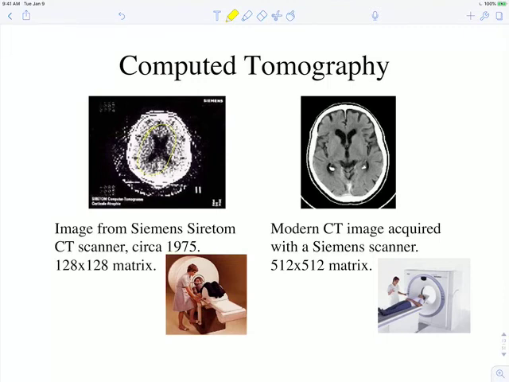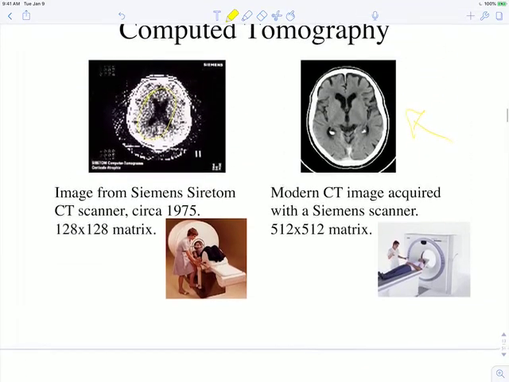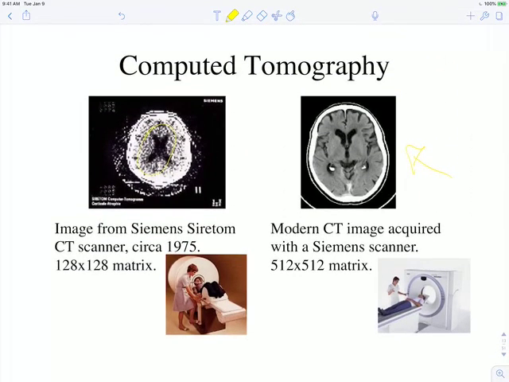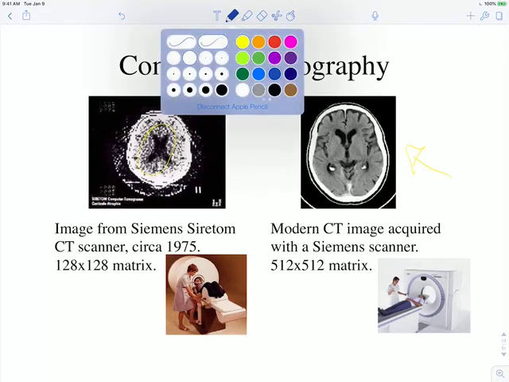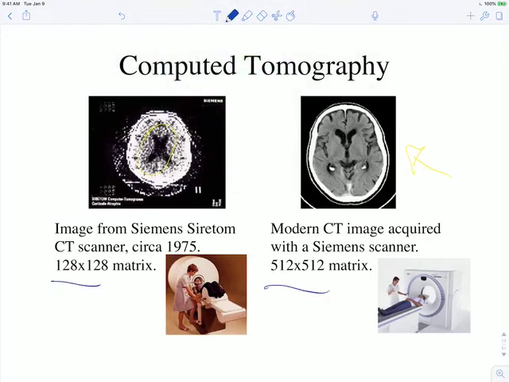But as you can see, with a modern scanner here, it's obviously much better quality. The resolution has gone from 128 by 128 here to now 512 by 512.